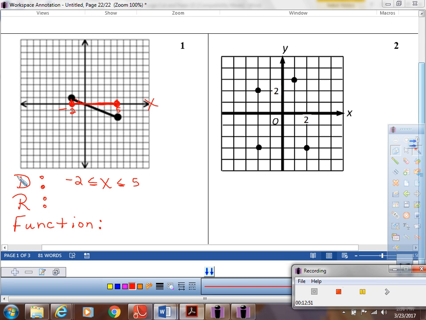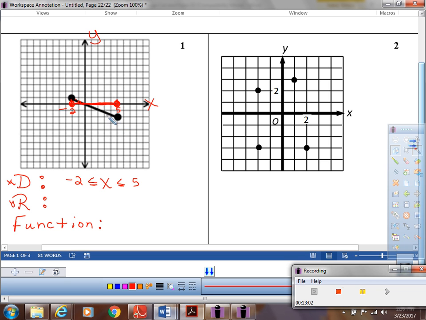Range are the y's. Put a little y on this one so you remember. So now instead of looking left to right, how do we need to look at this? Well, this is your y-axis. So actually let's look at the lowest, because we want the least. You remember on this one we started with the left side and then we went to the greatest value, so least to greatest. So let's look at the y the same way.